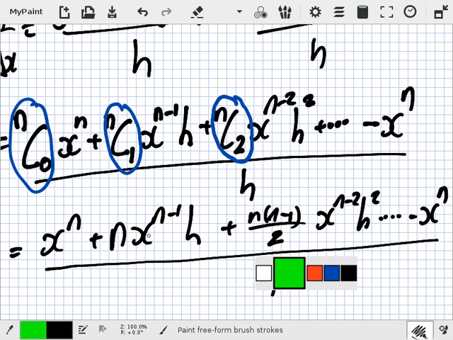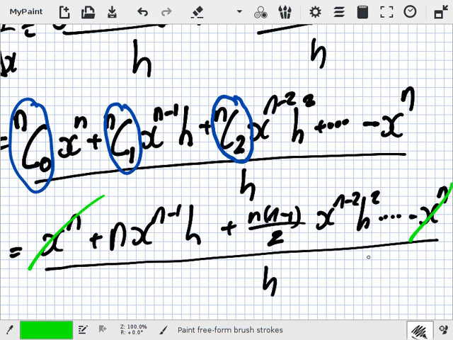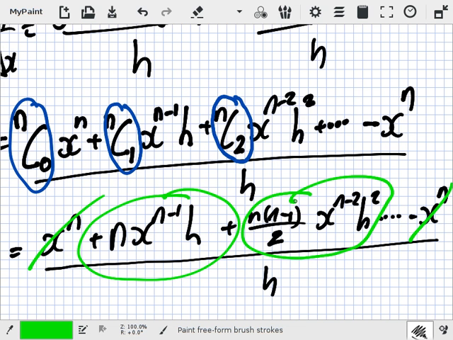So I can cancel that Xn with that Xn. Now this has an h in it, doesn't it? So I can cancel it with h. This has an h in, doesn't it? In fact, what will the next one have? h cubed. And the next one? h to the 4, and so on.